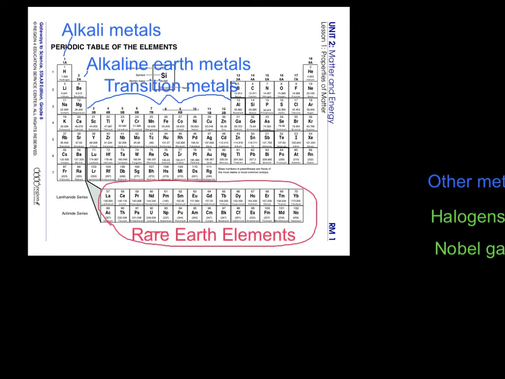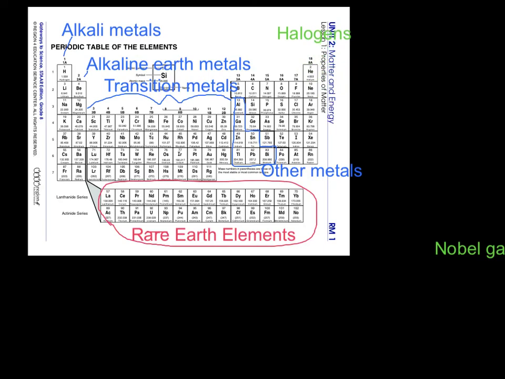All right. Moving on across the periodic table, we have a small group of metals down here. They are very soft metals, and they include aluminum and tin, and they go up here. They're right next to the metalloids. And this group of metals are known as the other metals. We move all the way over to group 17. Group 17 are the halogens.